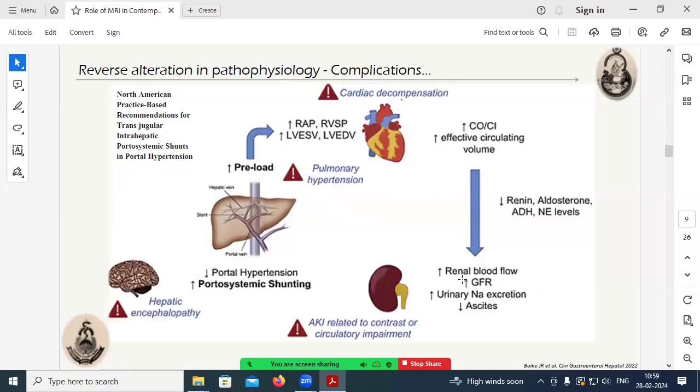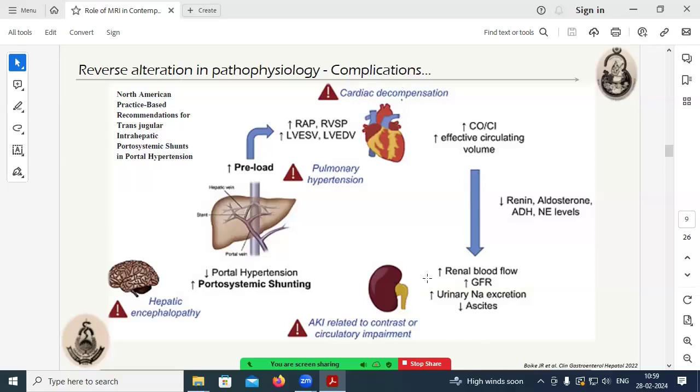But simultaneous to this, there are certain other end organs that, by the time all these things present as a clinical disease, would have started playing their role in trying to decompensate, in trying to reverse the process. That is the heart, the brain, the kidney, and the lung. These are the organs which we should evaluate before starting a corrective procedure for portal hypertension.